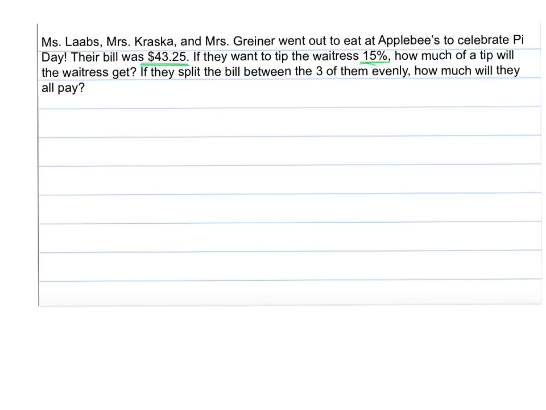So we have $43.25, and I need to figure out what 15% is. So basically that's what the sales tax is and what the tip is. You're figuring out what that percentage is of that price, which we know how to find the percent of a number, and then you're adding it on. So 43.25 times 0.15, because that's my 15% changed to a decimal.